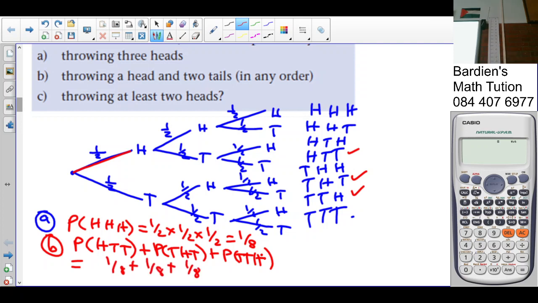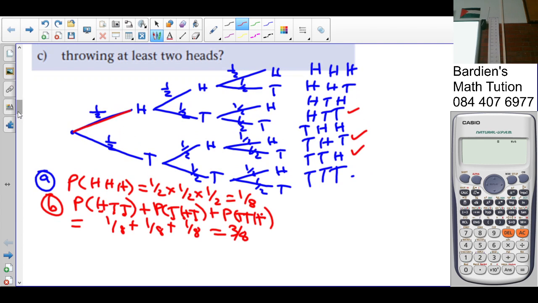How do I get 1 over 8? It's a half times a half times a half, plus a half times a half times a half, and so on. You guys understand? So that's going to give you 3 out of 8. Okay. Any confusion there? Next is question C.